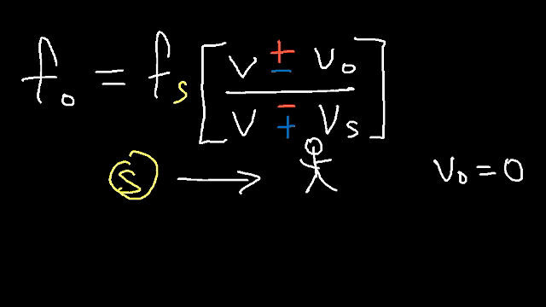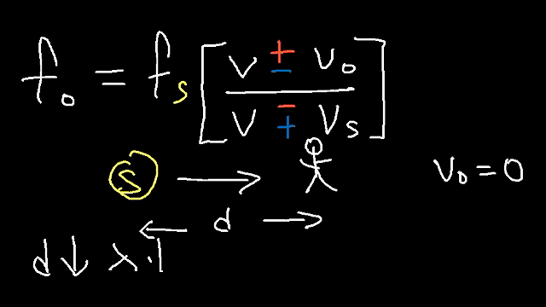But the source is moving, so we do have a value for Vs. If the source moves towards the observer, should we use a minus sign or a plus sign on the bottom? Well, let's think about it. We know that if the source moves towards the observer, the distance between the source and the observer is decreasing, which means that the wavelength is decreasing.